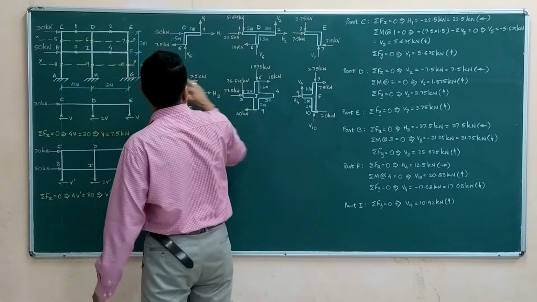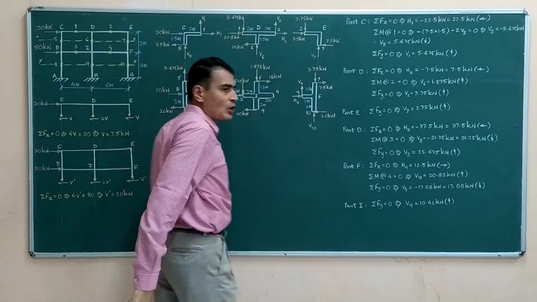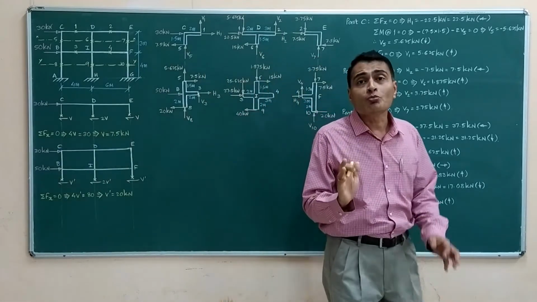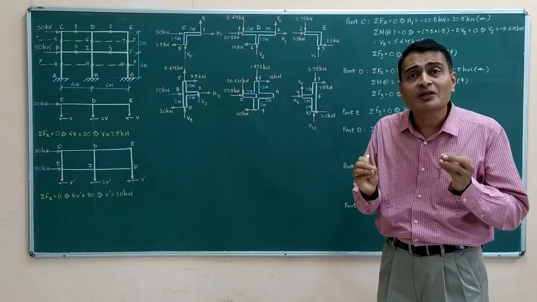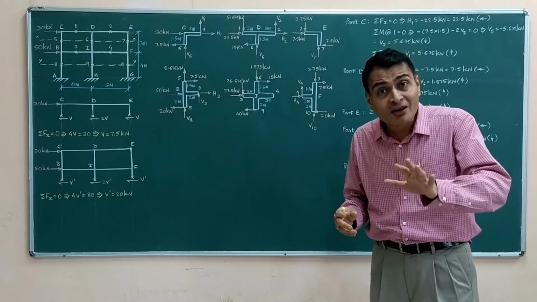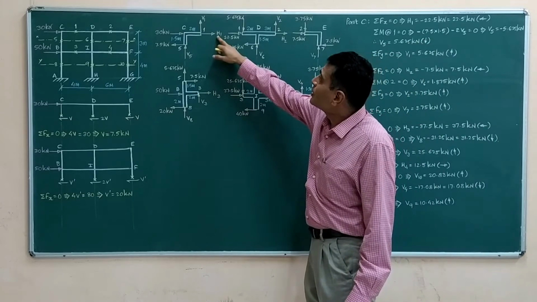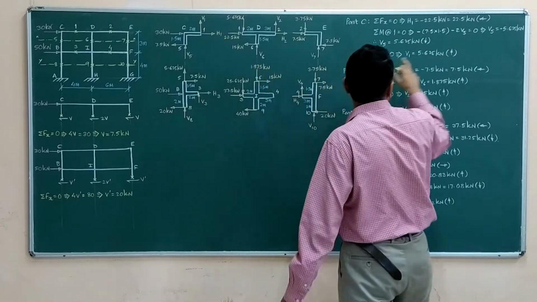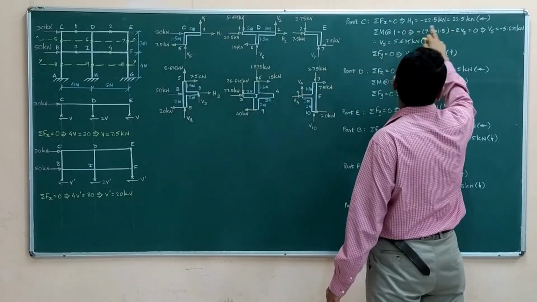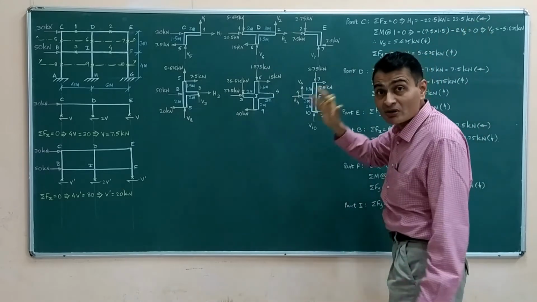Once I solve this FBD, I go to the adjoining part, which is 1 to D to 2 to 6. So that is what you are observing here, 1, D, 2 and 6. What are the things known to me? Only that much is something which I want to make you alert about, that you have to be careful about. Please observe. This is H1. What we have found is, in reality, H1 is 22.5 kilonewtons leftwards.